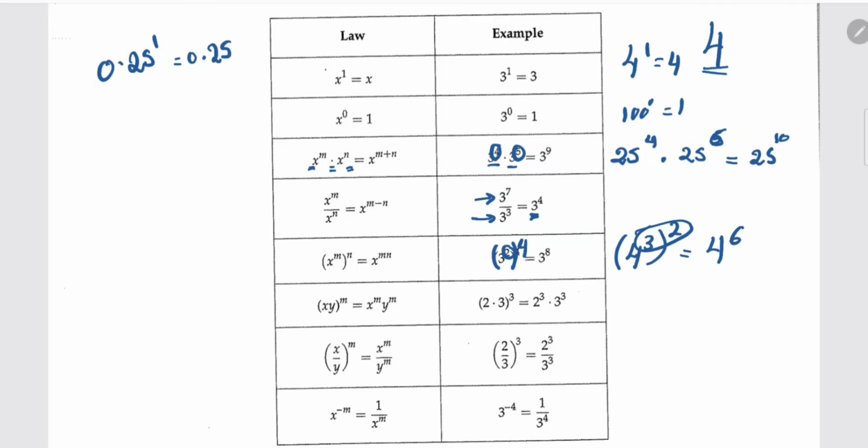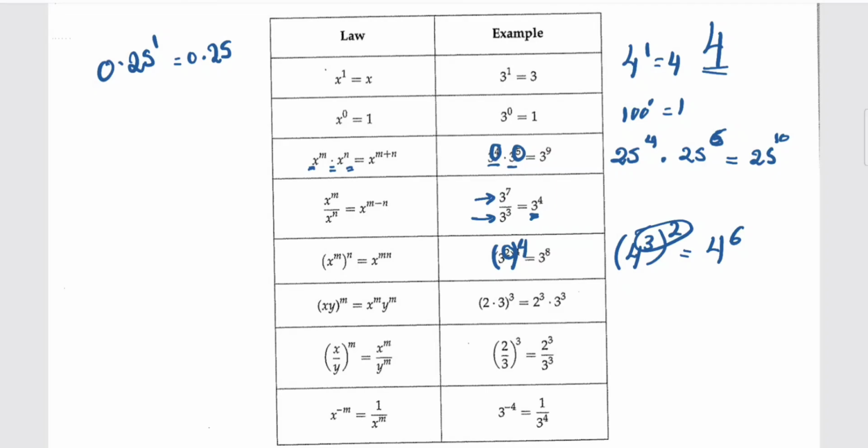Okay, another rule, and it's very important. I can distribute the power. If you have x times y, both of them to the power m, I can distribute the power among them. So x to the power m and y to the power m.